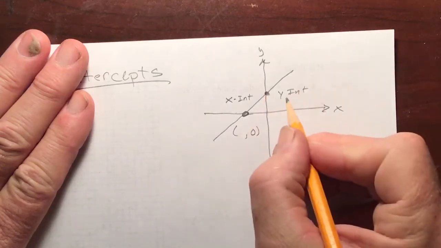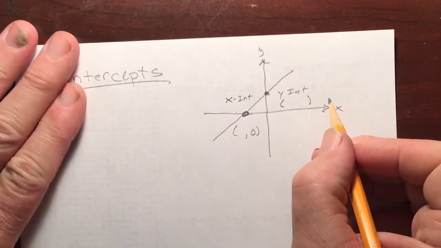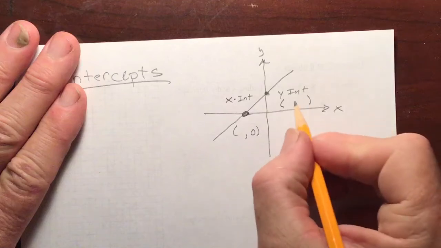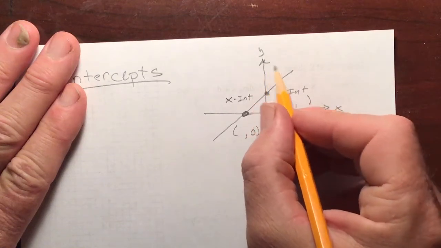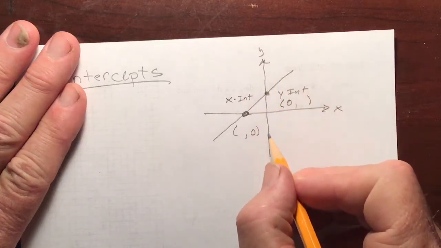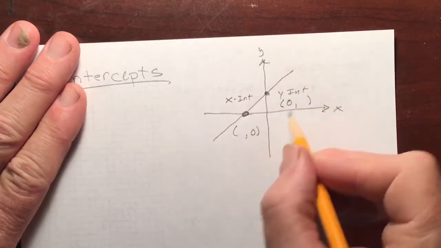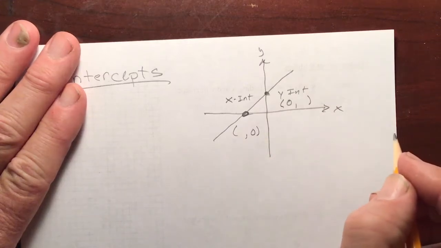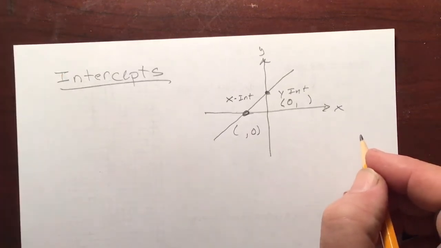Same thing up here. You may not know what the y-coordinate is, but you know the x-coordinate is going to be 0, because the x-coordinate of any point on this line is 0. So when you see 0 in an ordered pair, you know you're looking at an intercept. It'll be up to you to figure out which one's which.